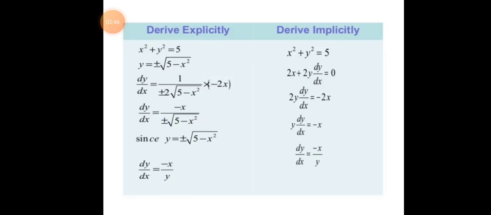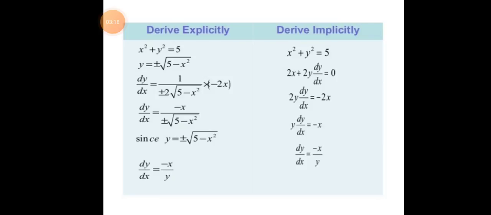Then derive explicitly. This is what we need to derive. So, example: x squared plus y squared equals 5. So, how to get this one? So, y equals plus or minus the square root of 5 minus x squared. Dy divided by dx equals 1 divided by plus or minus 2 square root of 5 minus x squared, times negative 2x.